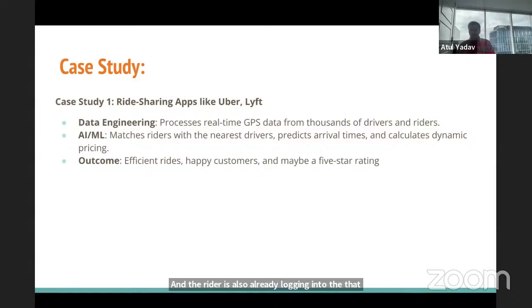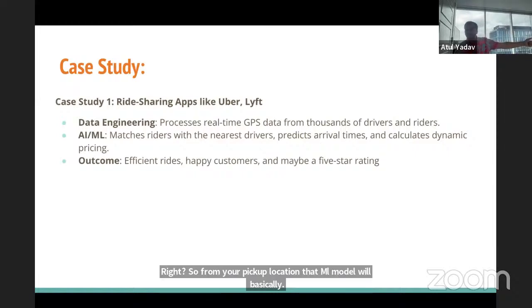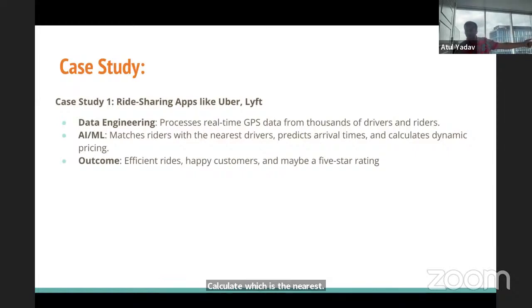So you want to go to some place, you put your location, like, hey, this is my pickup location and this is my destination. So from your pickup location, that ML model will basically calculate which is the nearest rider available, okay.